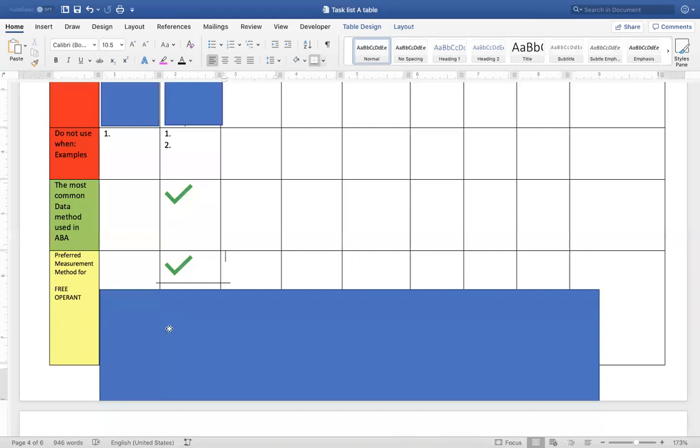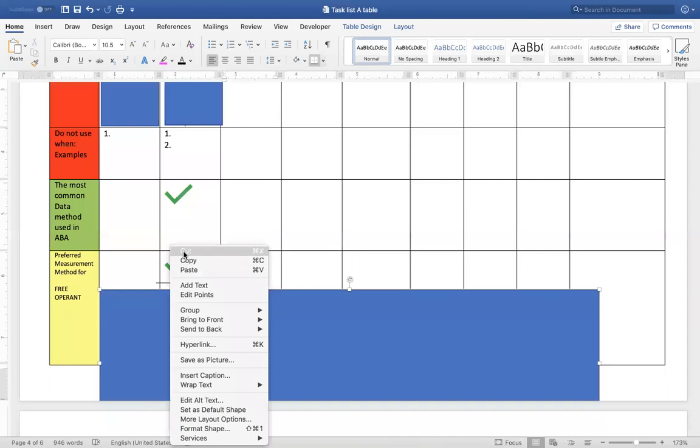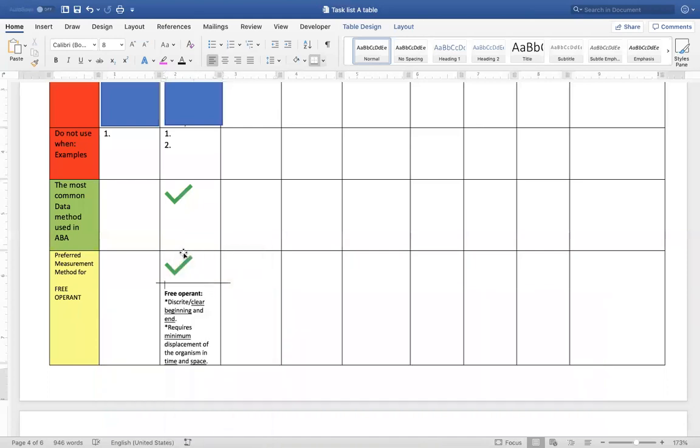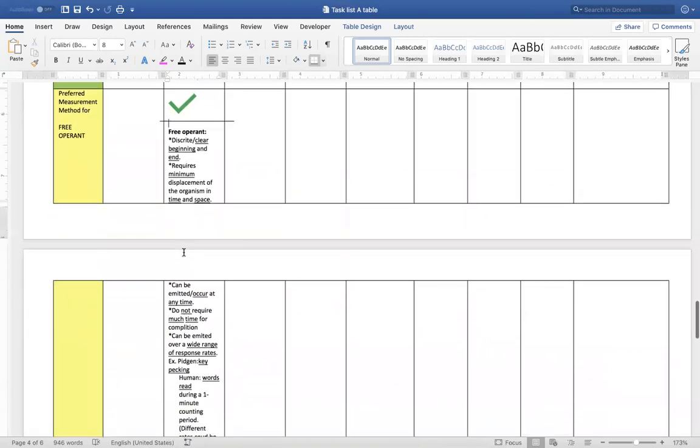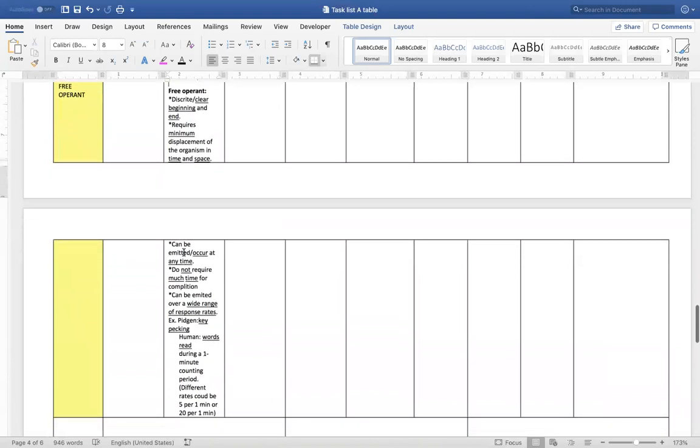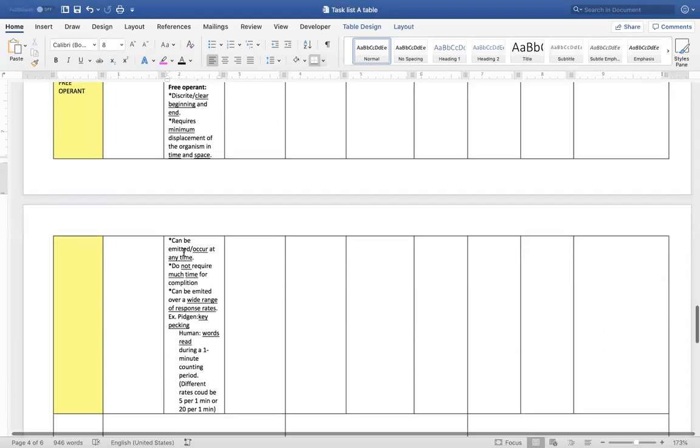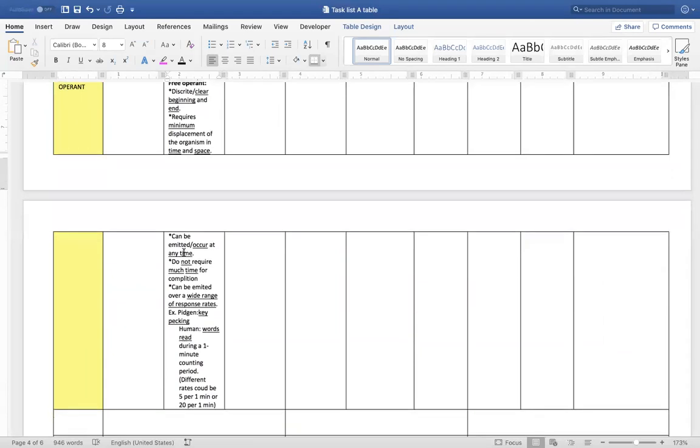And it has more than one requirement. It has to have a clear beginning, clear end, and it requires minimum displacement of the organism in time and space, which confuses me.